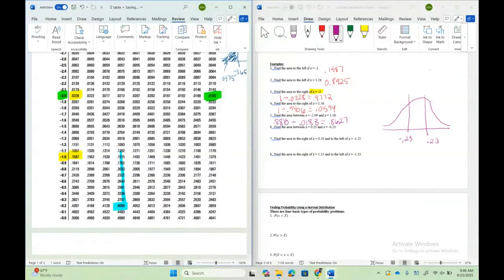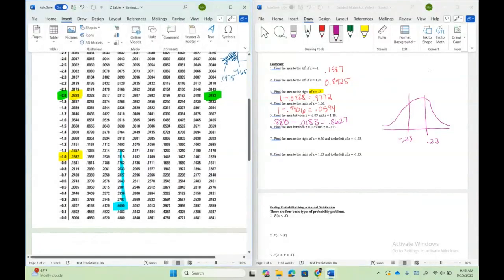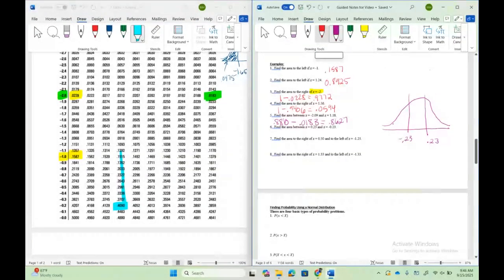So the area to the left here is 0.4090, okay? So that's this area. Now my answer is going to be the area in between. I'm going to notice something about this bell curve.